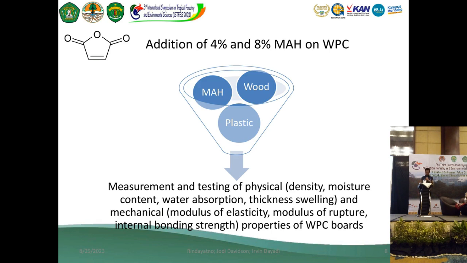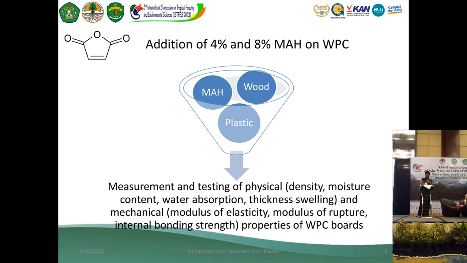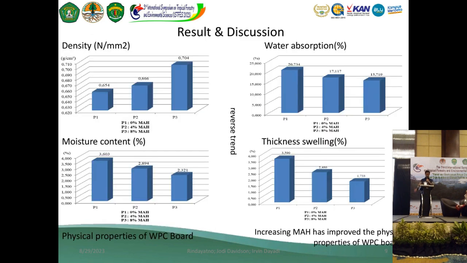Next. And we can see in the picture that for physical properties of WPC, generally, increasing MA has improved the physical properties of WPC board. We have the analysis that the WPC density rises with the addition of the MA ratio.